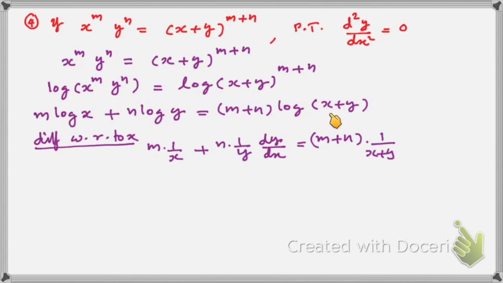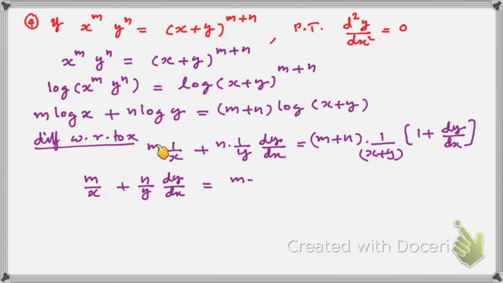And what's the derivative of log of f of x? 1 by f of x into f dash of x. So what's the derivative of log of x plus y? 1 by x plus y into f dash of x, the inner derivative. And what's the derivative of x plus y? There are two terms, so it has to appear in a bracket. x becomes 1 and y becomes dy by dx. I'm going to slightly rearrange this. So m by x, m into 1 by x, m by x, n into 1 by y, I wrote as n by y, dy by dx.